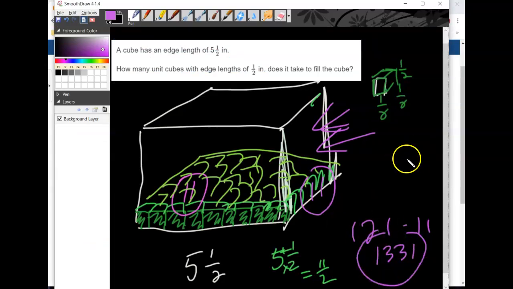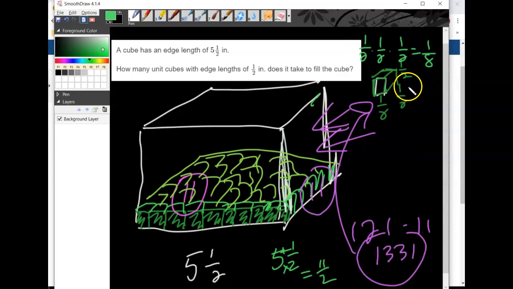That's the number of little green cubes that fit inside the larger cube. We'd multiply that by the volume of the little unit cube. So we'd have to find the volume of the little unit cube by doing 1/2 times 1/2 times 1/2. 2 times 2 is 4. 4 times 2 is 8. That's 1/8 cubic inches.